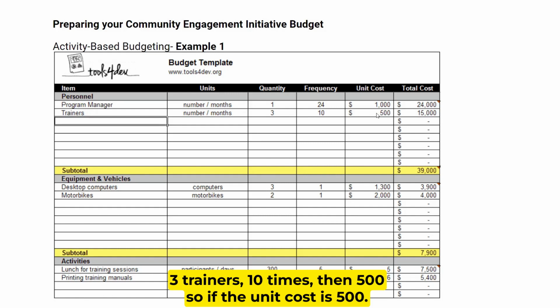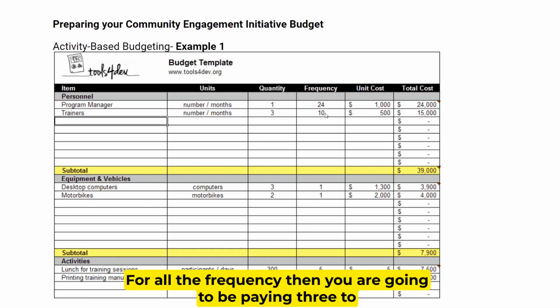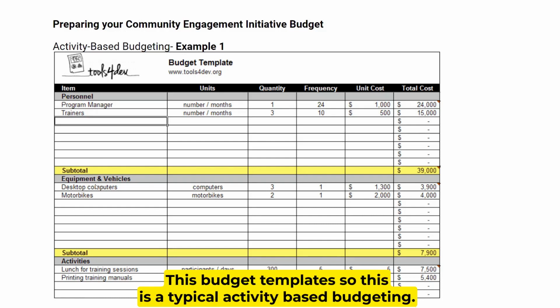So if the unit cost is 500 for all the frequency, then you are going to be paying 3 trainers. That is 3 times 500, that is 15,000 US dollars. So that is how to use this budget template. So this is a typical activity based budgeting.